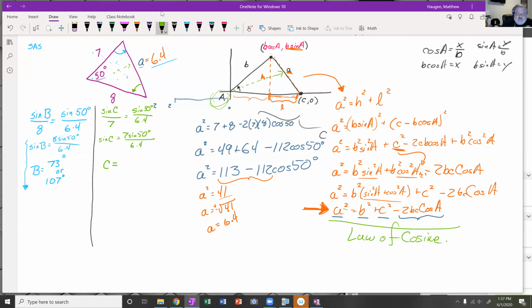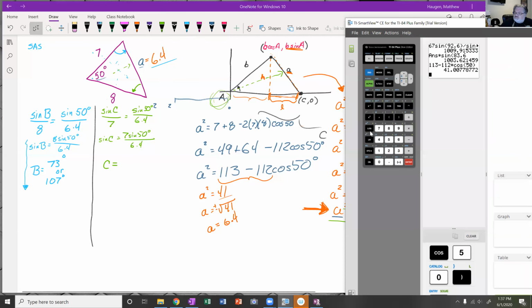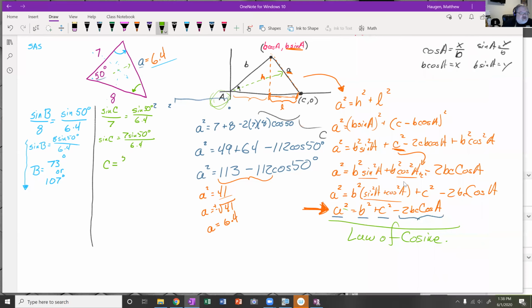What are they? 56.9 and 123.1. So we still get two answers, but do we know if the green angle is obtuse or acute? Yes.